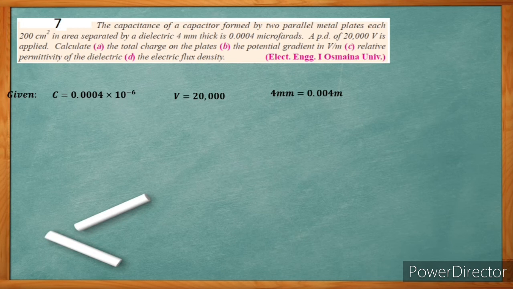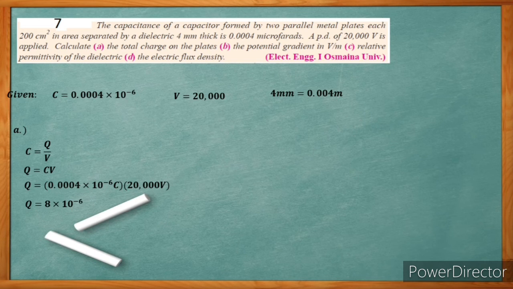To calculate the total charge on the plates, since we have the given capacitance and the given volts, we will be using the formula for the capacitance, which is C is equal to Q over V, and equating that, Q is equal to C times V. Substituting all the values to the formula, we have Q is equal to 0.004 times 10 raised to negative 6 coulomb times the value of the voltage, which is 20,000.